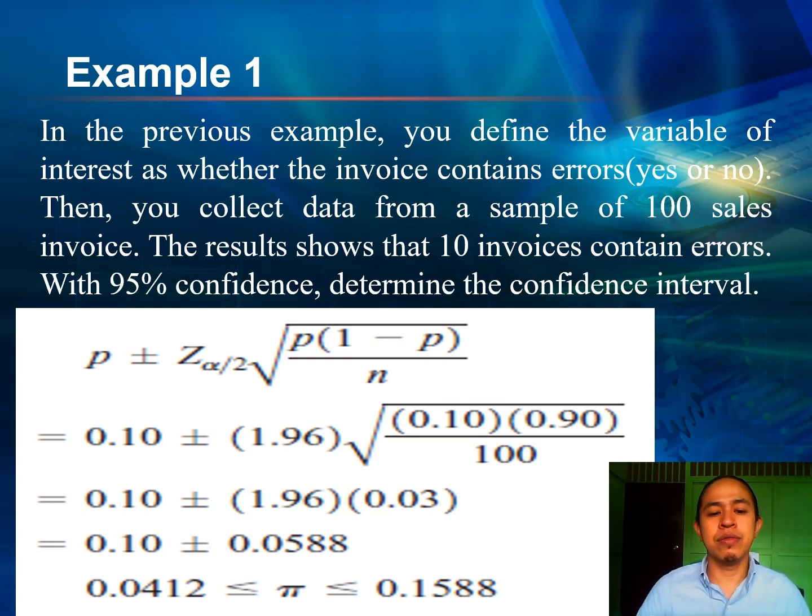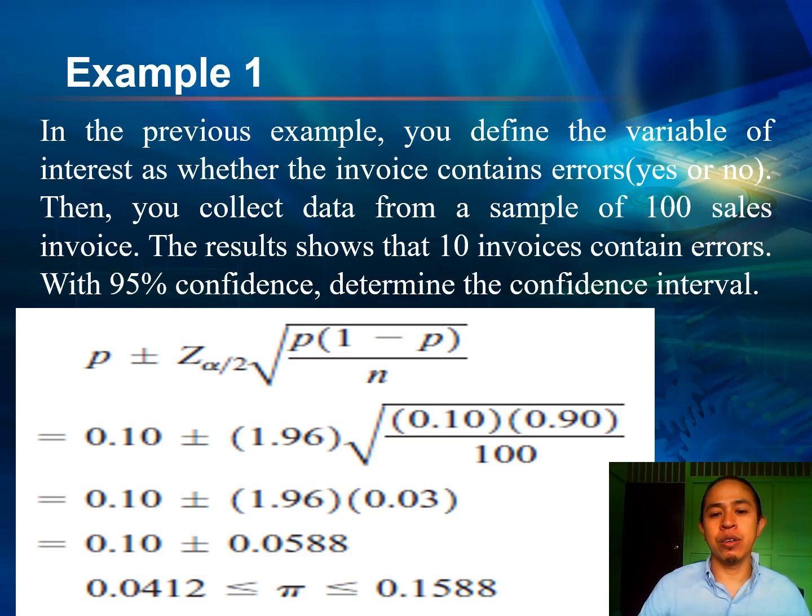So P, that is your sample proportion, the value of interest. Our value of interest is the invoices with errors. So here we have x divided by n.